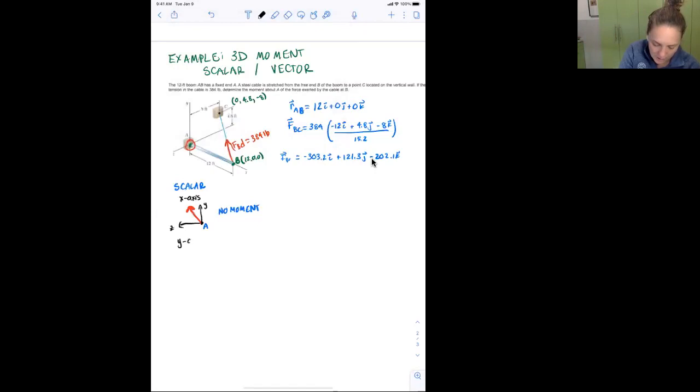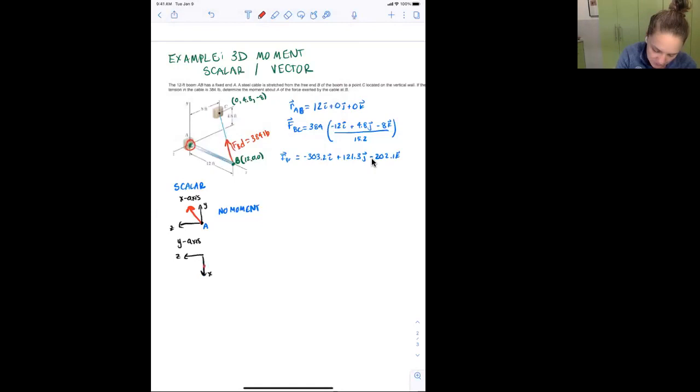Let's look at the y-axis. So now I'm going to smush this from the top down. So now you're kind of looking at it from above. If you do that, your set of axes is going to look something like this. Your force has a negative x direction, so it's going to point up, and it has a negative z, so it's going to point to the right.